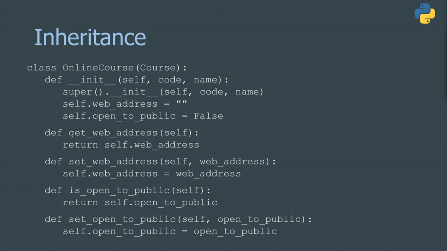So if it's open to public, I mean, that's just really easy to understand. So I might have a variable called intro to CS, and I'll say something like if intro to CS dot is open to public. That's just very understandable. It reads like English, and as a result, that's why I name my function this way. And the functions can be called whatever you want, so you might as well pick something that's readable.